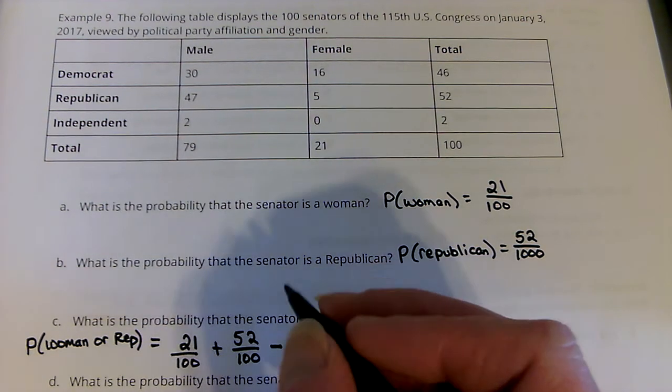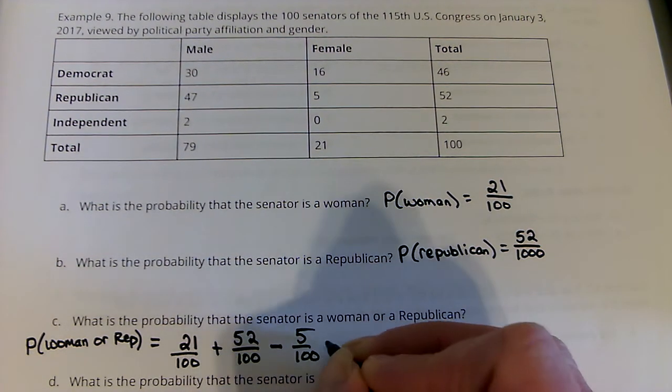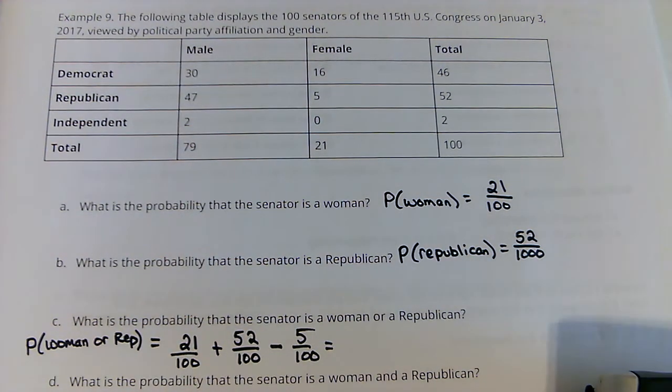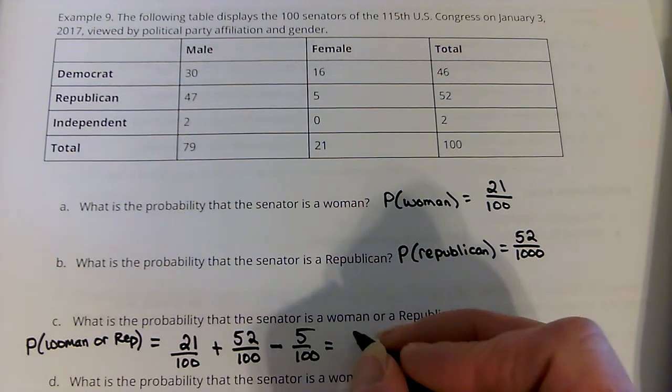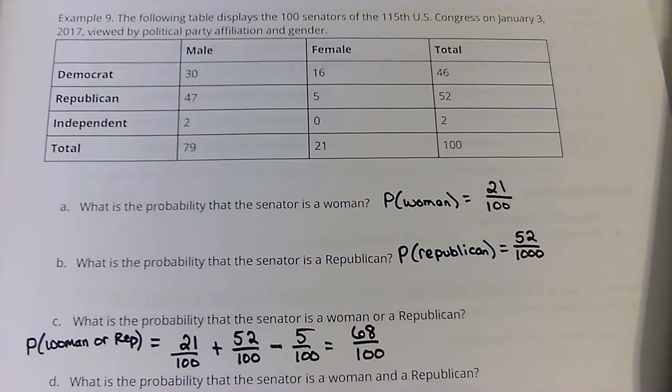So how many were both? 5. So that would be 21 plus 52 minus 5 gives me 68. And I could have counted on the table too.